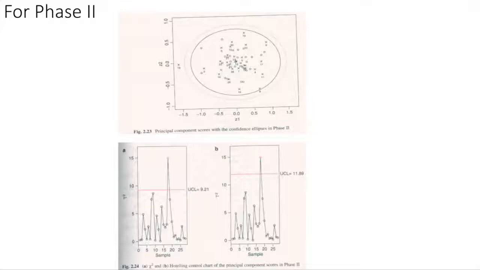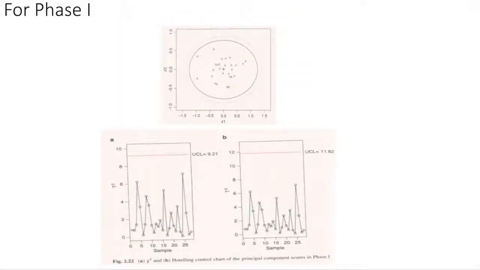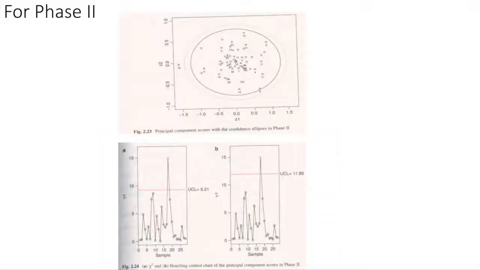For the chi-square and Hotelling charts, we can see that in phase 2 only a single value, almost the 18th sample, is going way above the usual value. So we can say that due to just the 18th sample, this chart is going out of control.